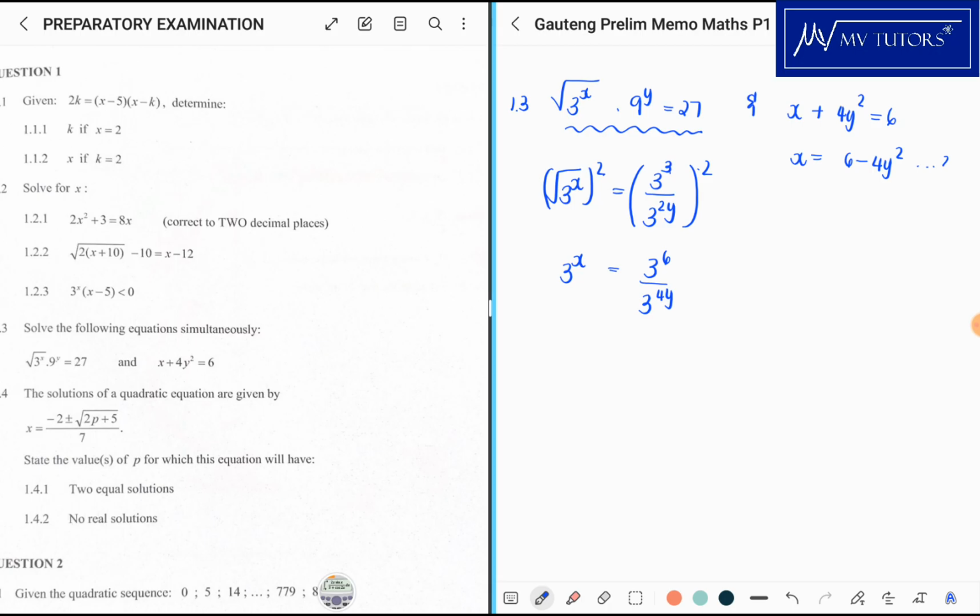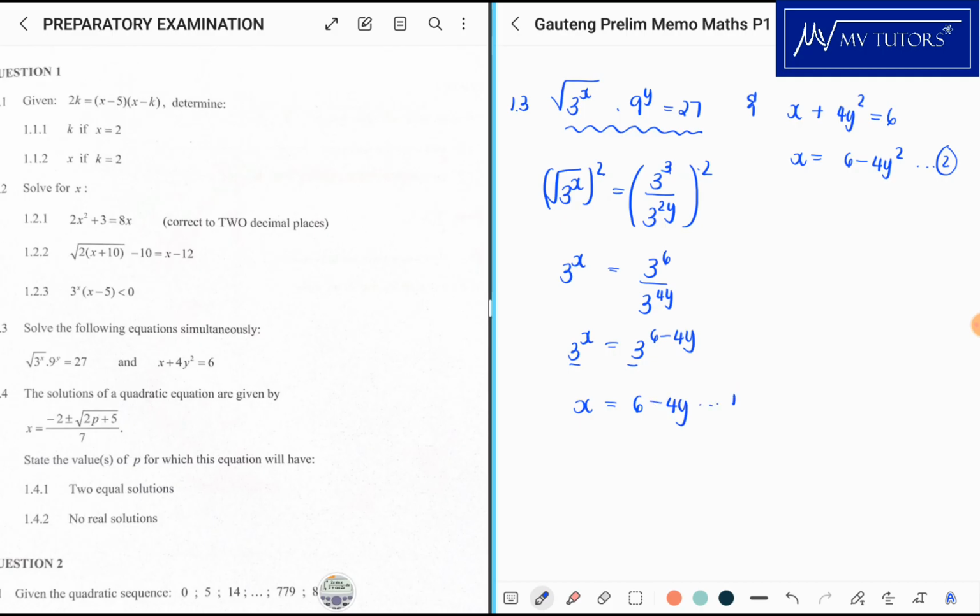Okay, this is actually my second equation. Let me simplify this equation further. So I have 3 to the power 6 minus 4y. Remember, if you have the same base and you're dividing, you must subtract the exponents. Okay, so because I have the same base, I can then say x is equal to 6 minus 4y.